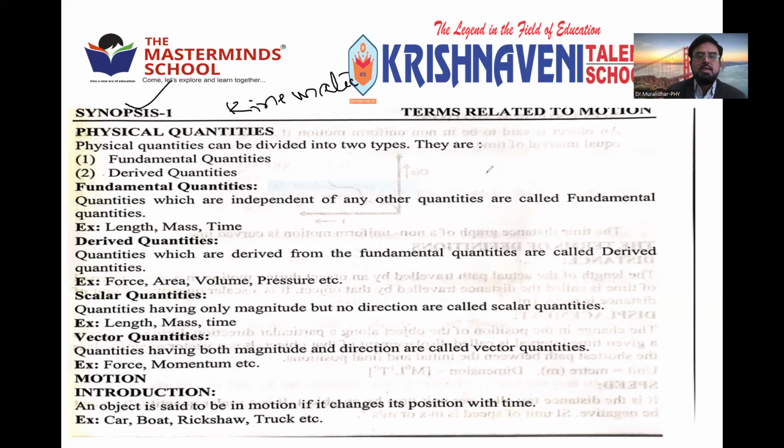In that synopsis 1, the terms related to motion. So you know kinematics is study about the motion of a body. The point number 1 you can note: kinematics is the study of motion of a body.